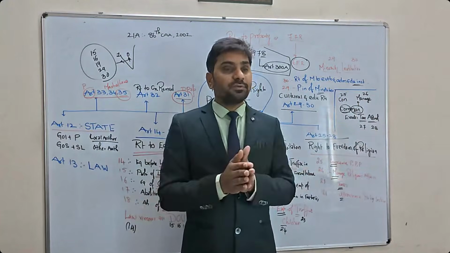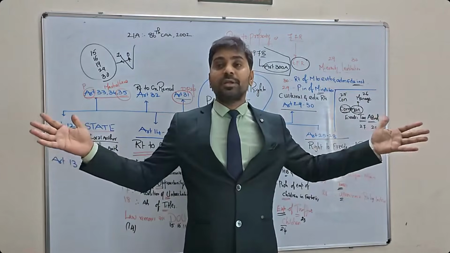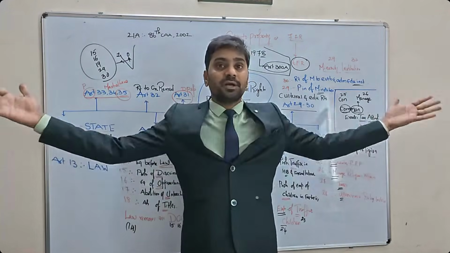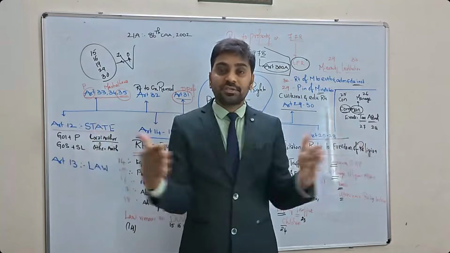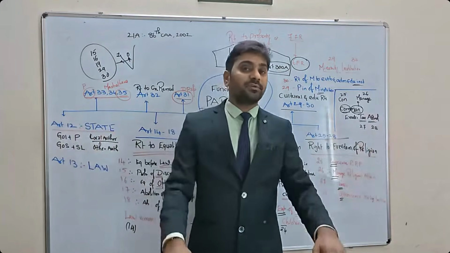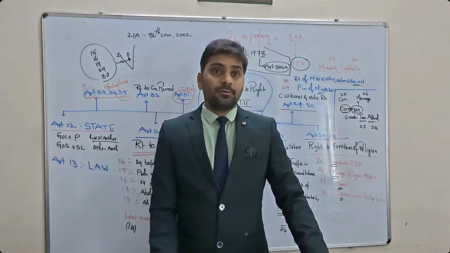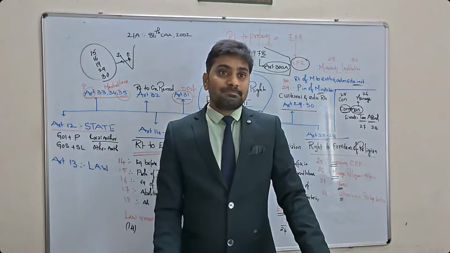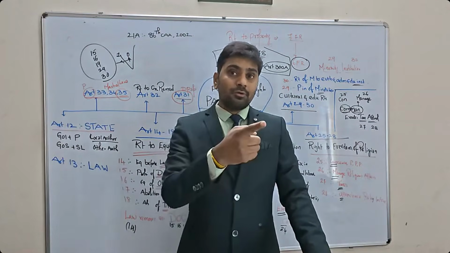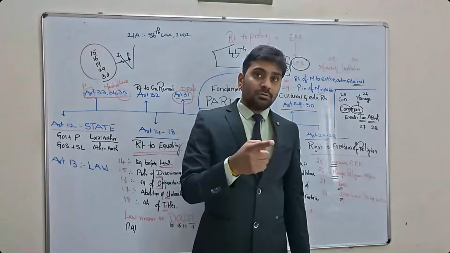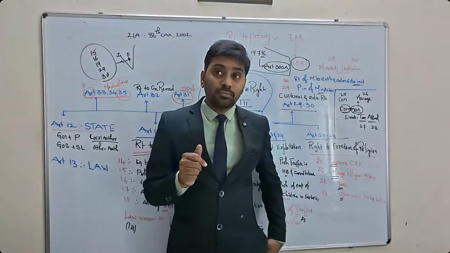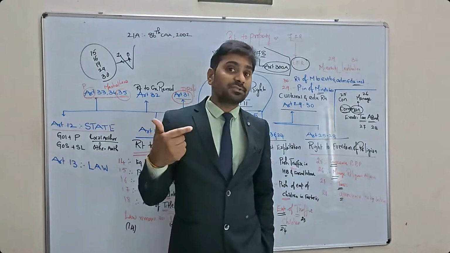Why was state given this much wider interpretation? It is not restricting the meaning of state, it is enlarging it, to curb the arbitrariness of the state and to protect fundamental rights. Fundamental rights are against whom? Against the arbitrary actions of the state.